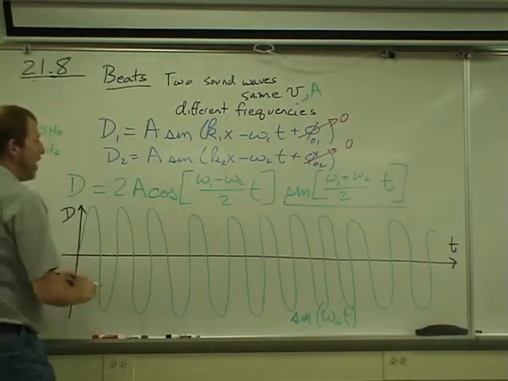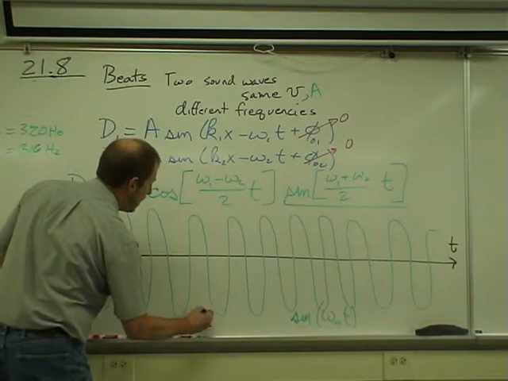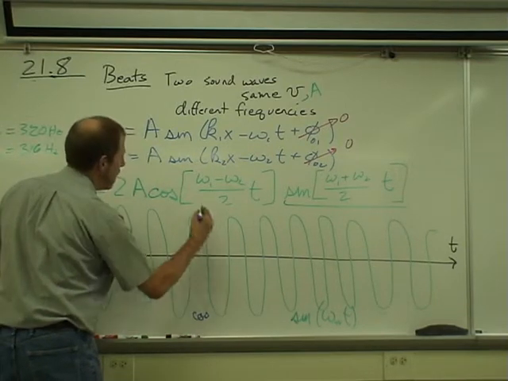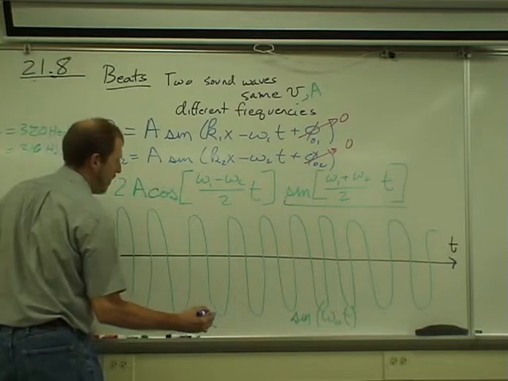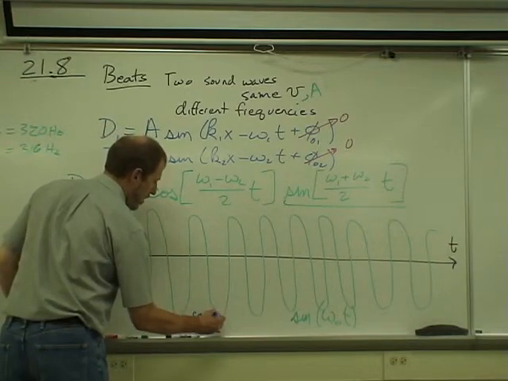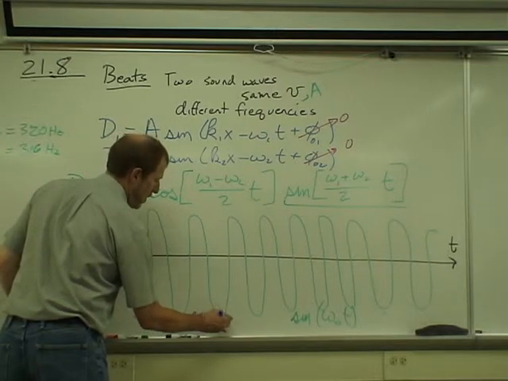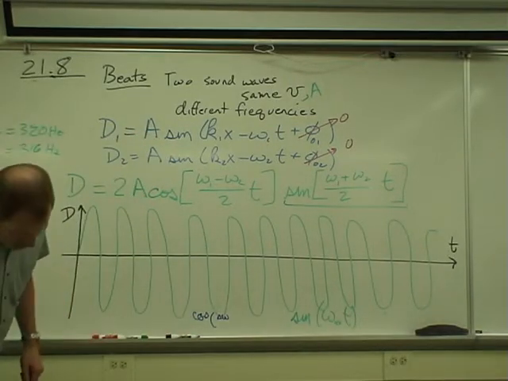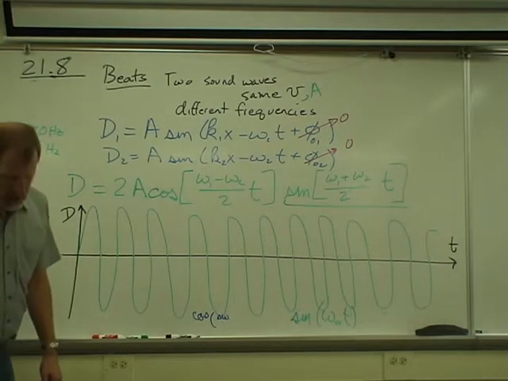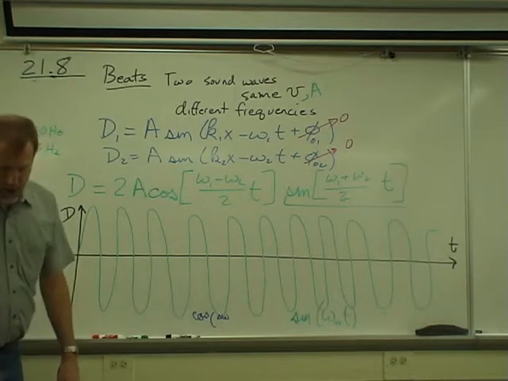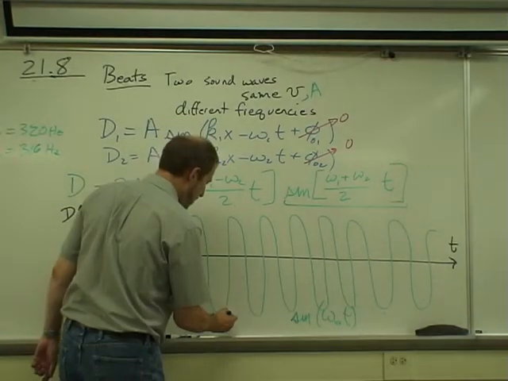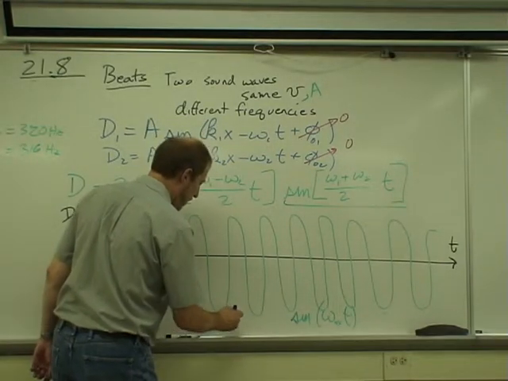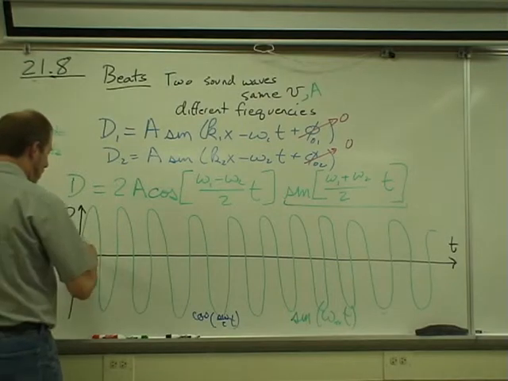But what I have right here is the cosine of the difference in those two over 2 times t.